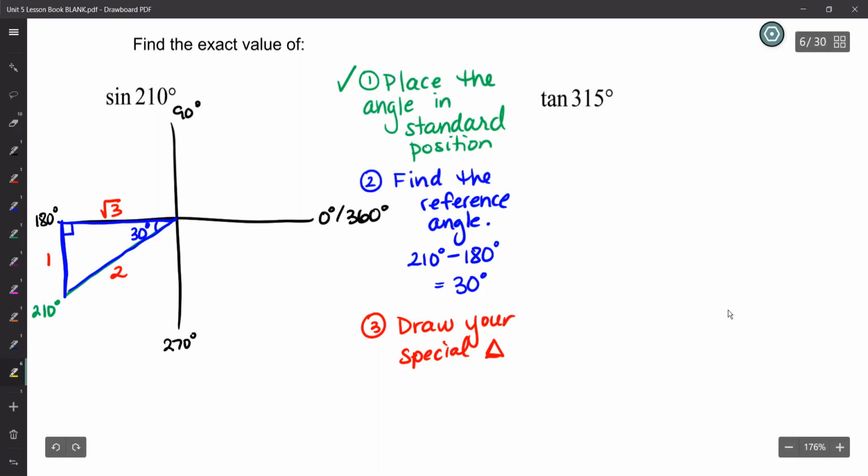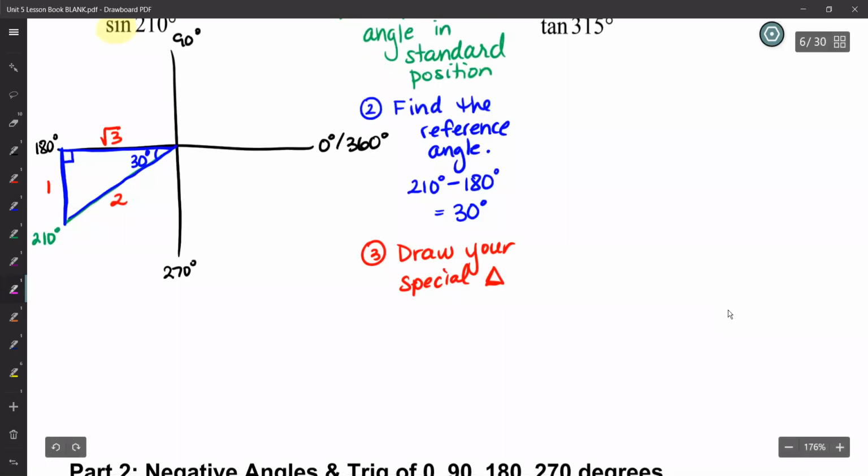And we are finding the sine of our angle, and we can actually use our reference angle to help us with that. So the last step here is to use the reference angle and the CAST rule to find the ratio. And I'll show you how we're going to do that.